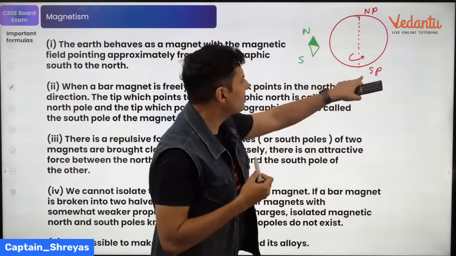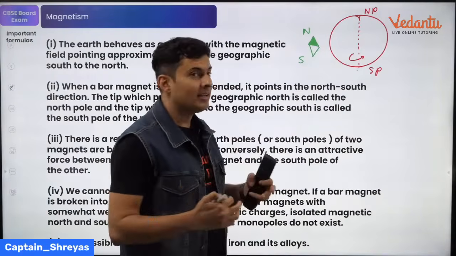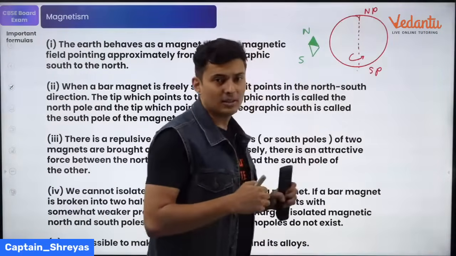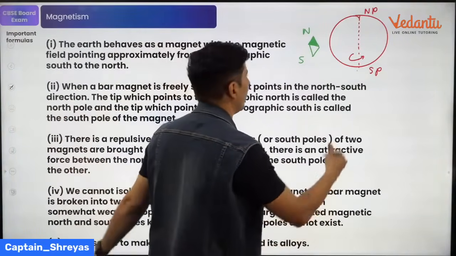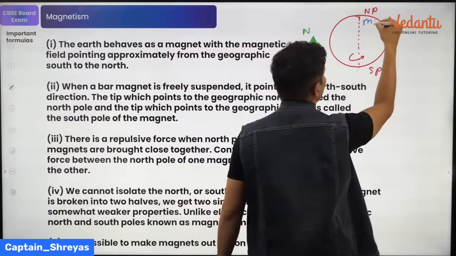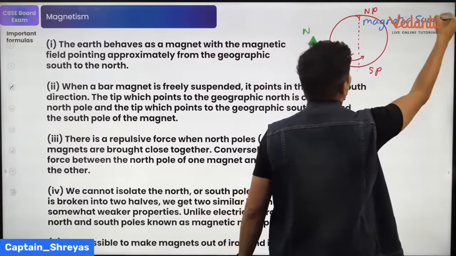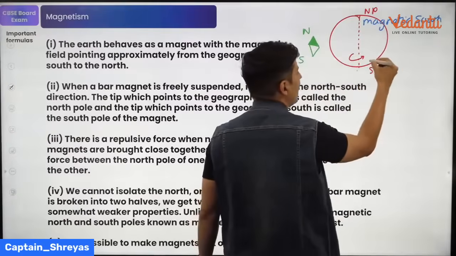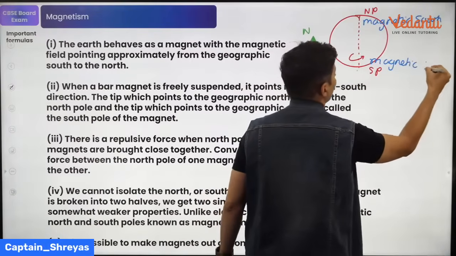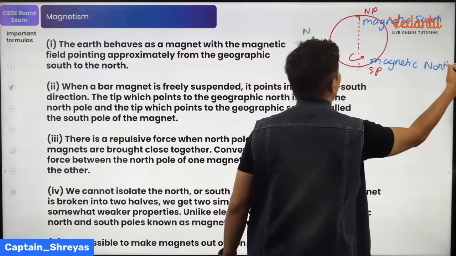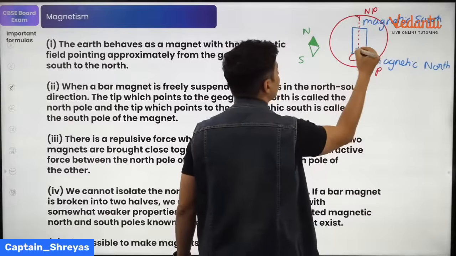But you will be like, sir, here there is south pole and here there is north pole. How are they getting attracted? The reason is, although I call this a north pole, technically over there at that particular point, you have the magnetic south pole. Similarly, over here, actually what you have is the magnetic north pole, magnet-wise. So the Earth's bar magnet technically is like this.